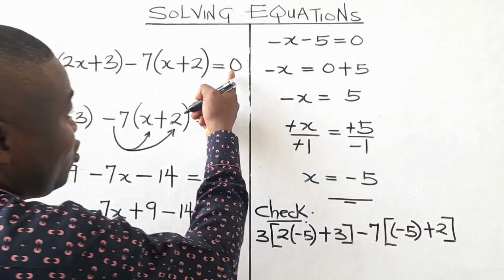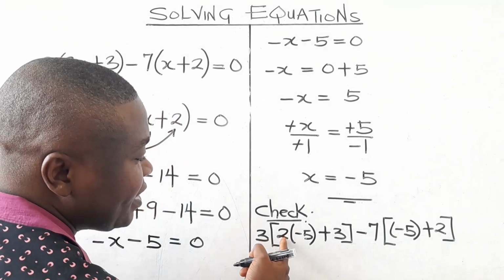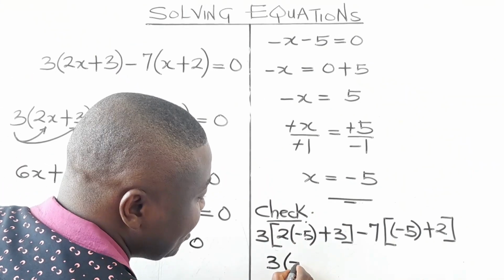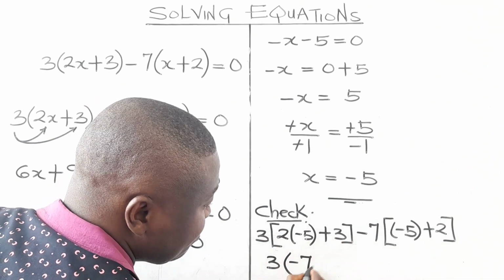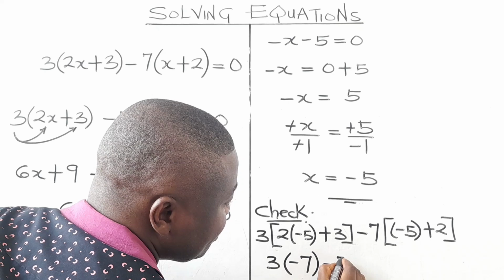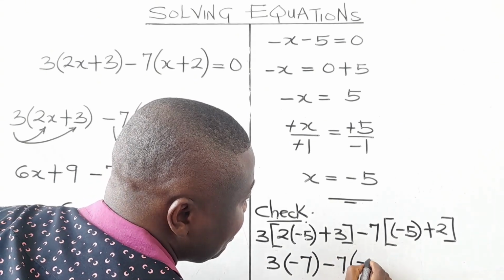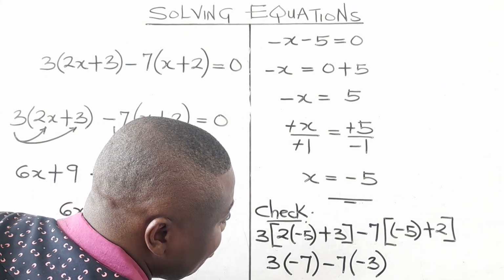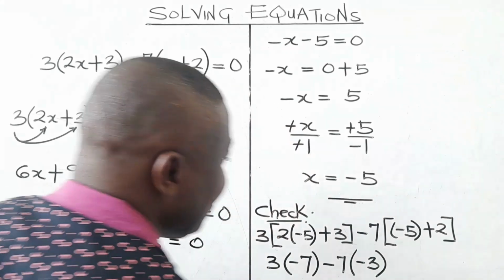Let's see if it will give us 0. This is 3. Negative 2 times negative 5 is negative 10. Negative 10 plus negative 7, yes, minus 7. This is minus 3. So this is negative 21 plus 21, which will give us 0.